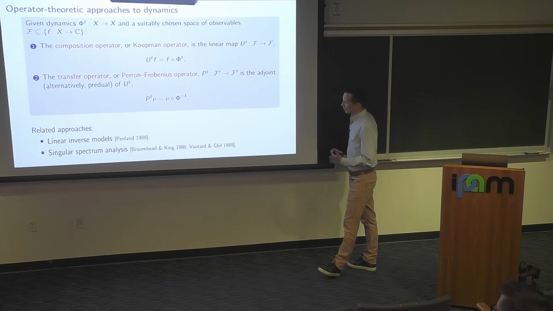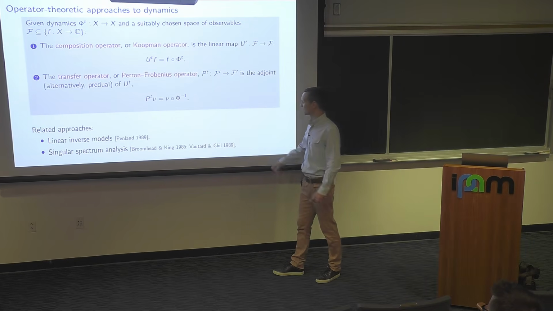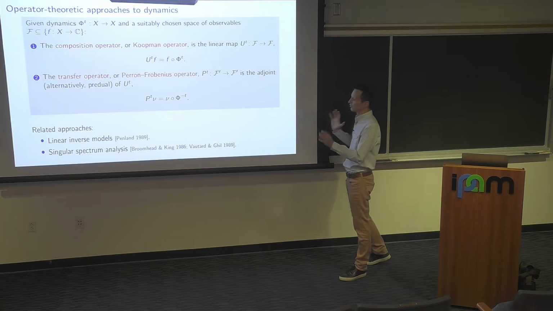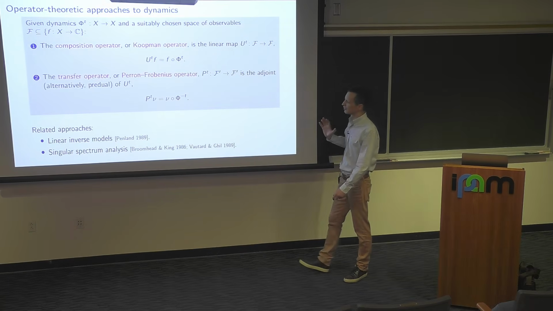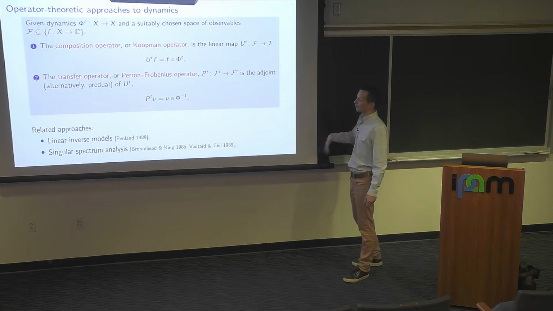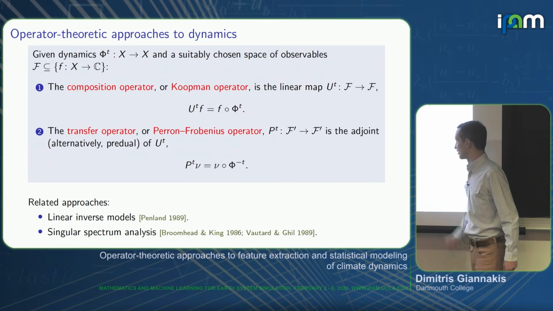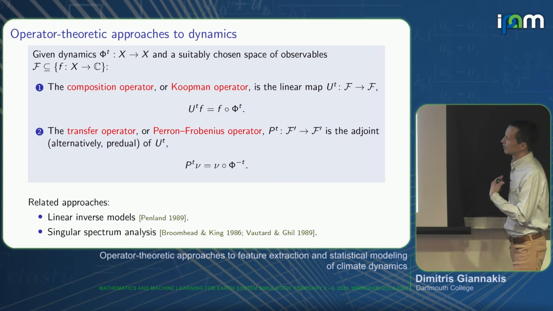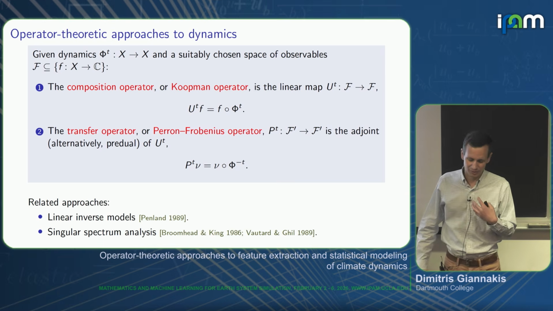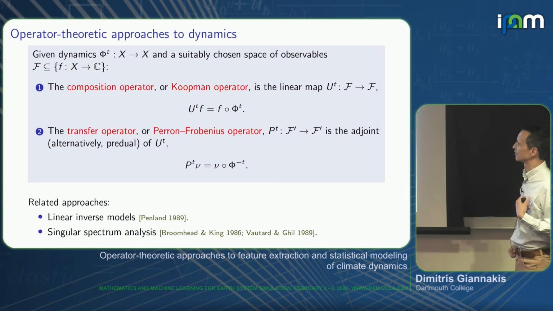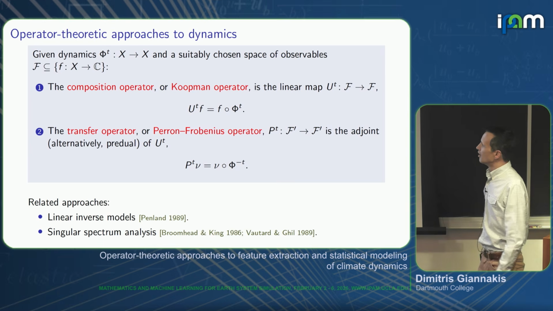And singular spectrum analysis, where Michael has been a pioneer in this area, is also broadly related in the sense of being another linear operator technique that seeks to capture coherent dynamics, coherent observables, from complex dynamical systems.